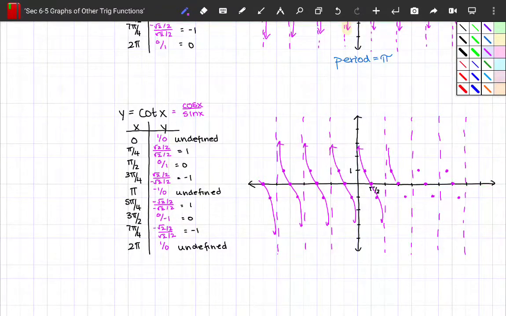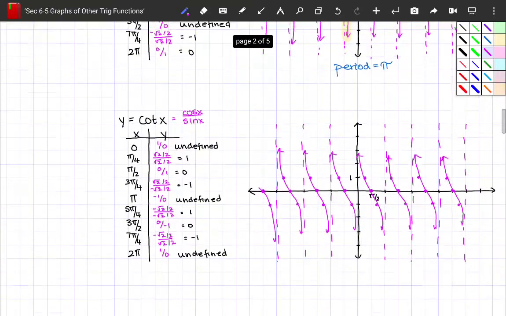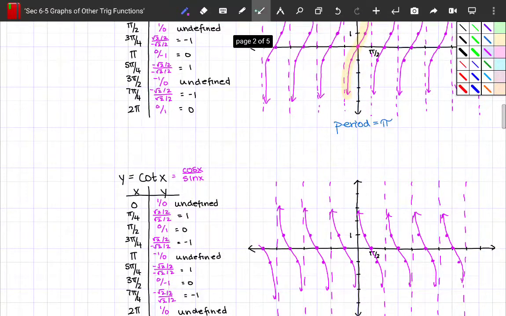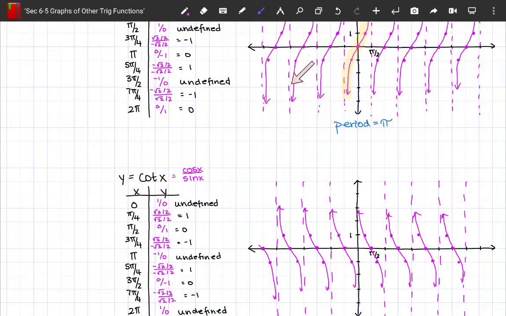Once I'm finished drawing them, I'll pull down the screen here, and you can see tangent, these are increasing, cotangent, these are decreasing, and then where the asymptotes are different.